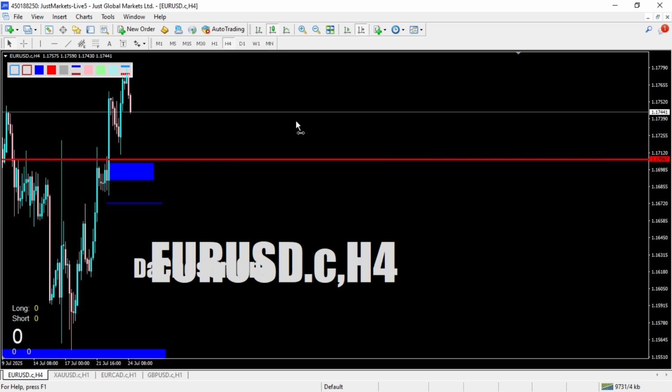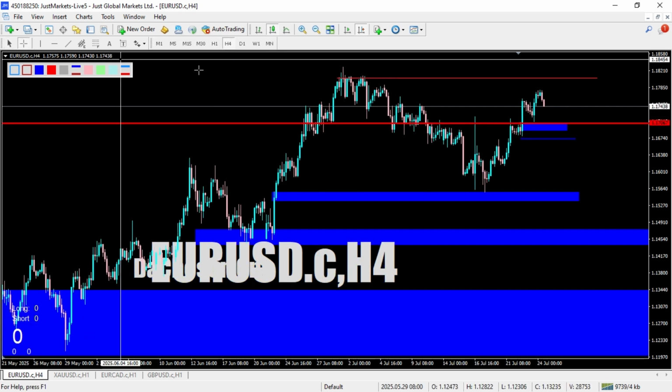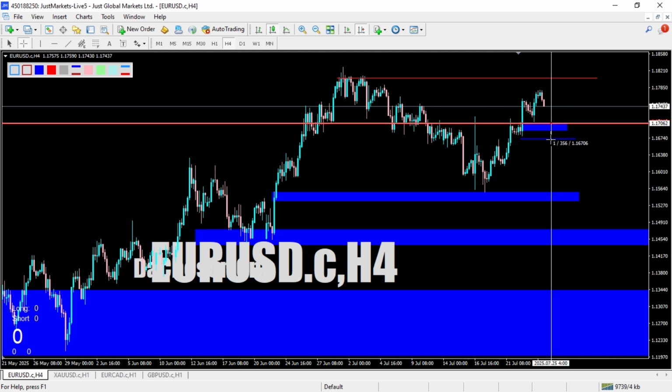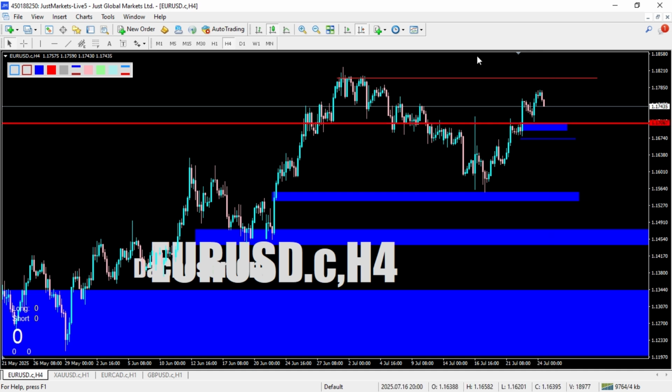This is a 34 pip stop loss, and a take profit of 102 pips, and that is a 1:3 risk to reward, which is a good RR, guys.